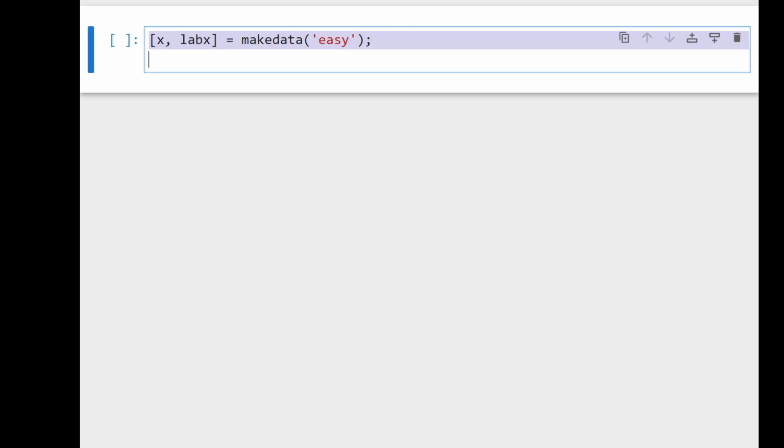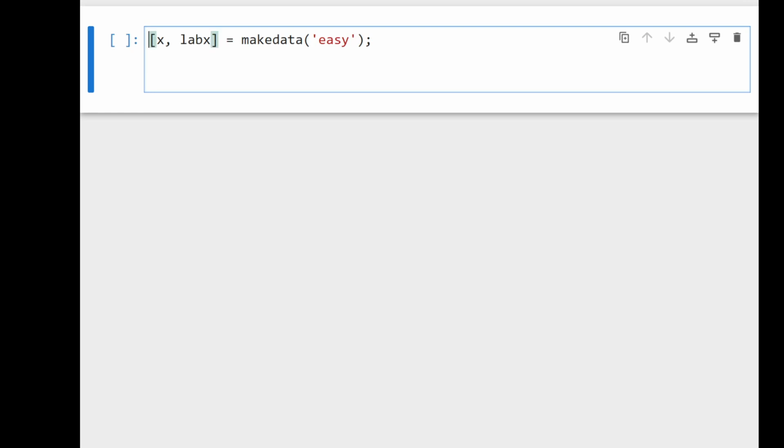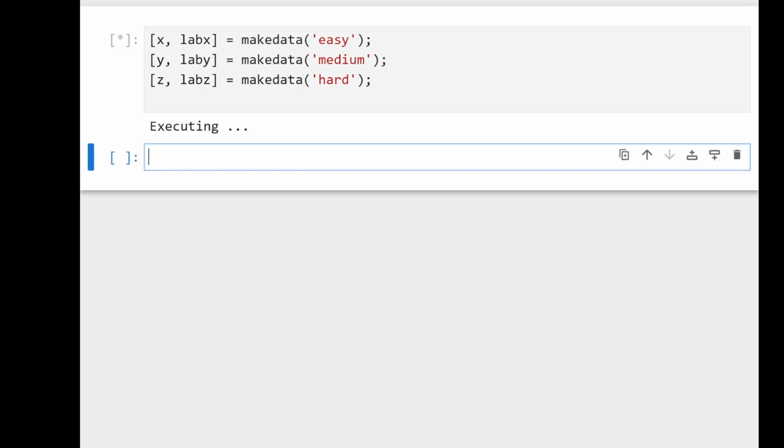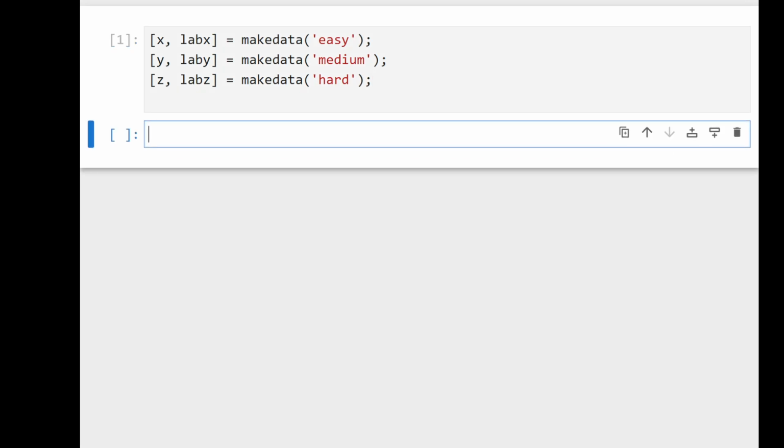These are not built into MATLAB or anything; I did this as a class illustration. These are all 2D examples, but it will work in other dimensions too. All right, so let's execute this.